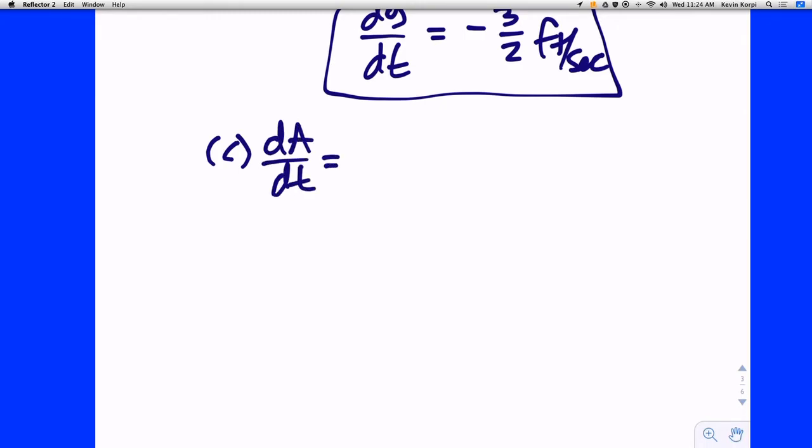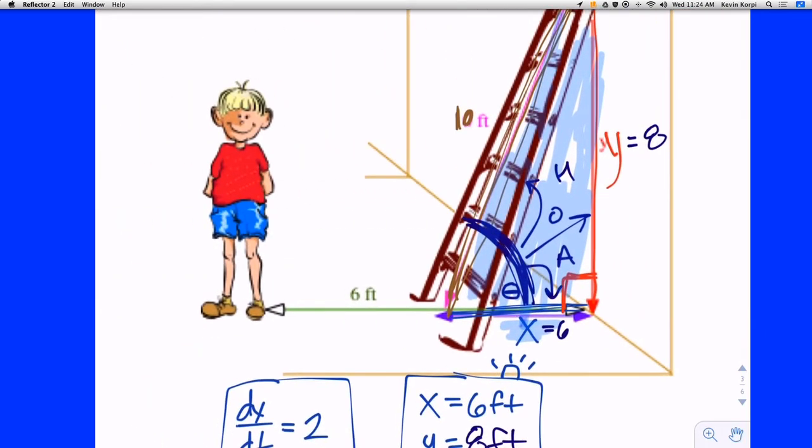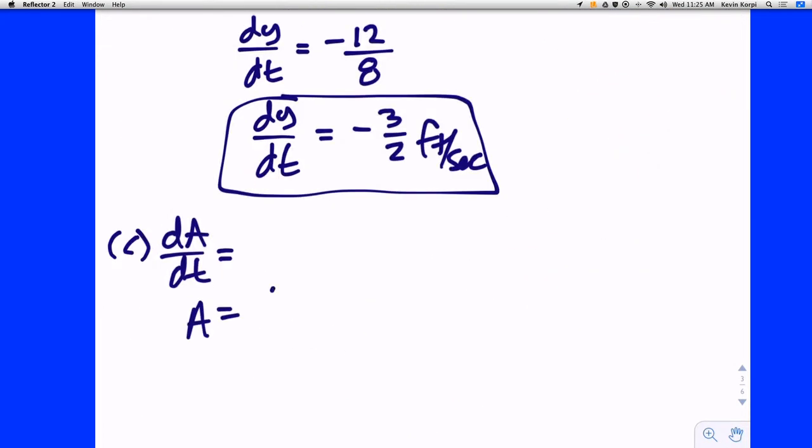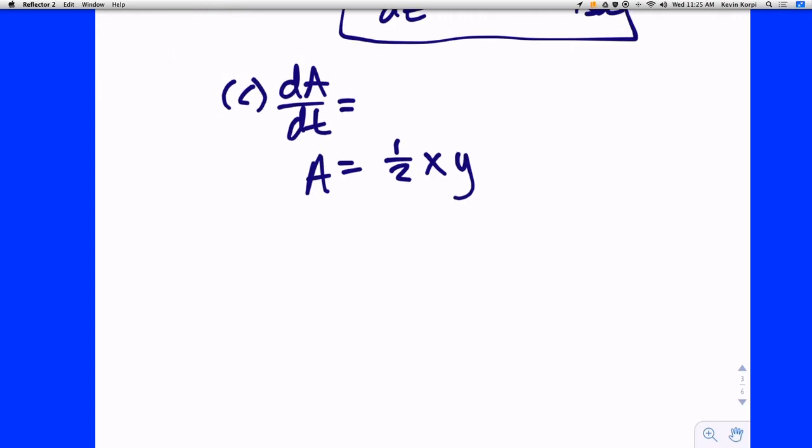So in a right triangle, I need to relate the quantities, and I'm calling my sides x and y. So what would be the area of the right triangle? We did it yesterday, right? 1/2 base times height. So that's going to be 1/2 x times y. And we have 2 variables there. So we get to use the product rule.